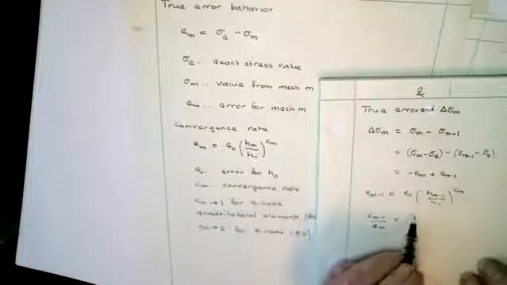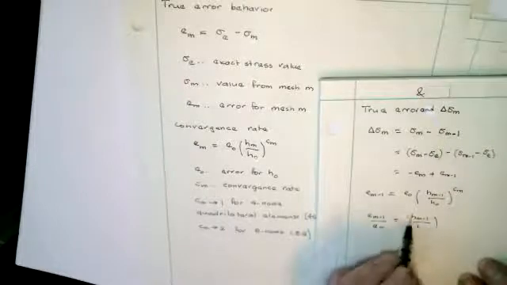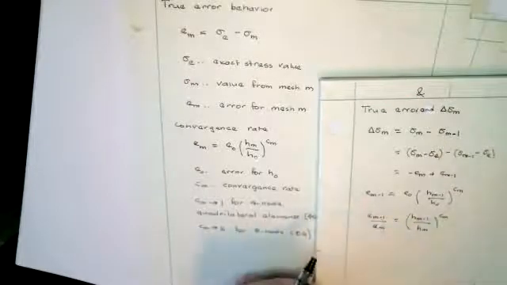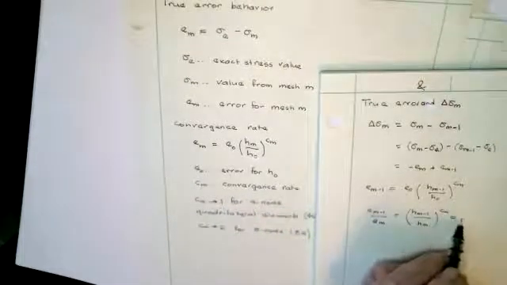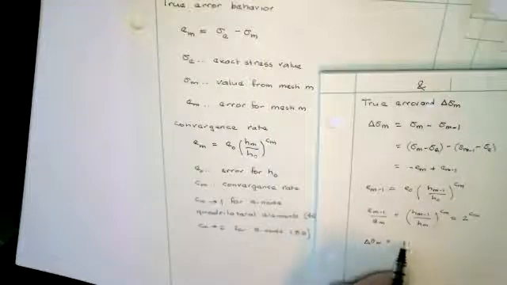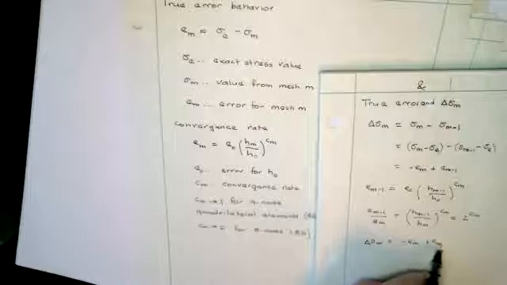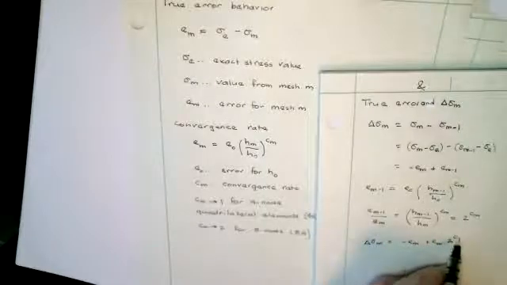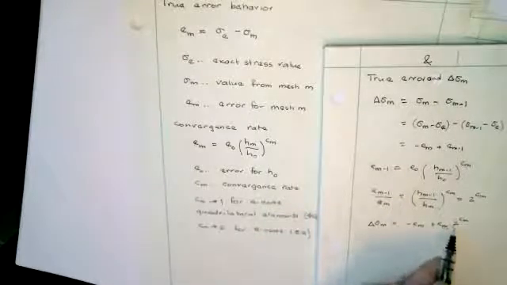And so you're just going to get the ratio of the H's, but this is twice as big as this. So now I can substitute E M minus 1. E M minus 1 is E M times 2 to the CM. So I would have E M into 2 to the CM minus 1.